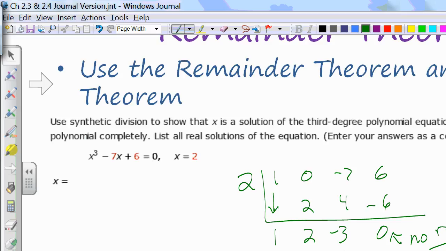List all real solutions. So I'm going to include the one they gave me. So all real solutions are 2, negative 3, and positive 1. There we go. Those are all my real solutions.